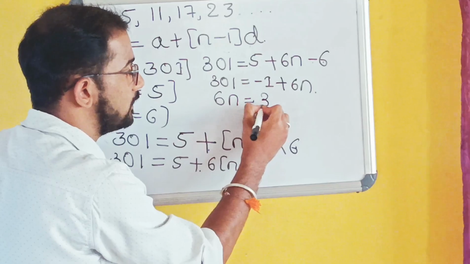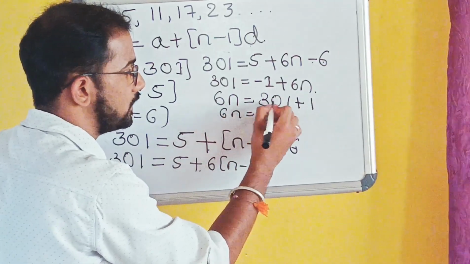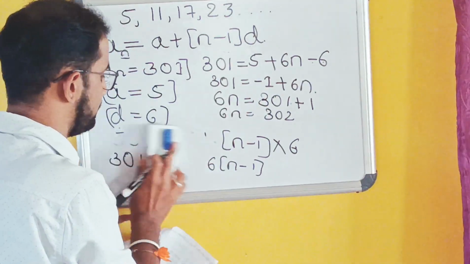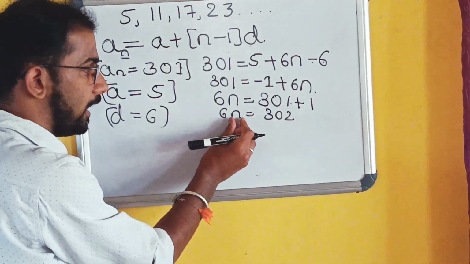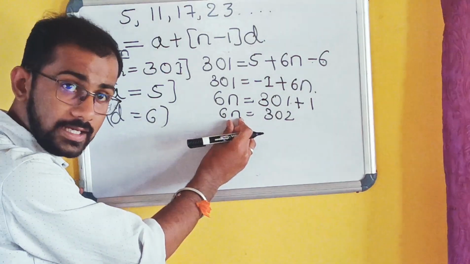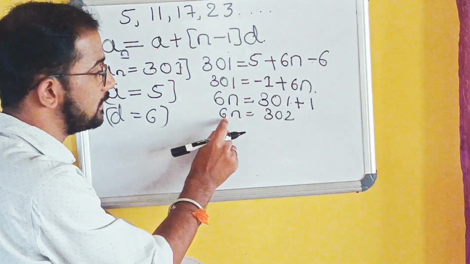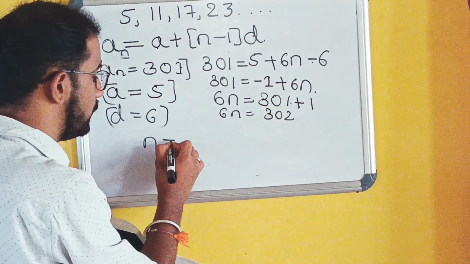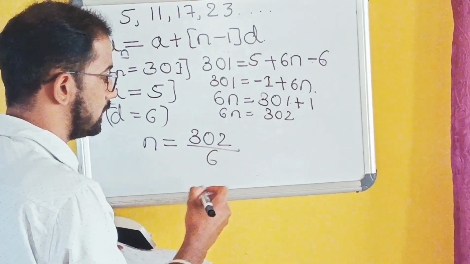We get 301 plus 1, so 6n equals 302. Now we have to calculate only n, so shift this 6 to the other side. It will be divided: n equals 302 divided by 6.